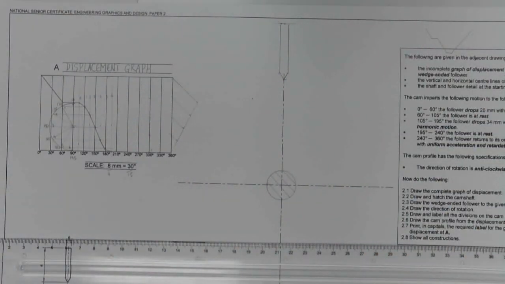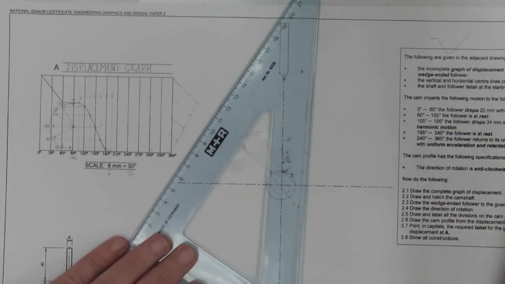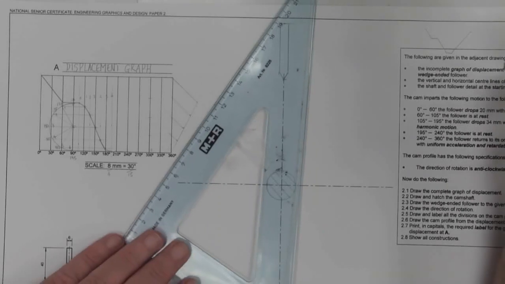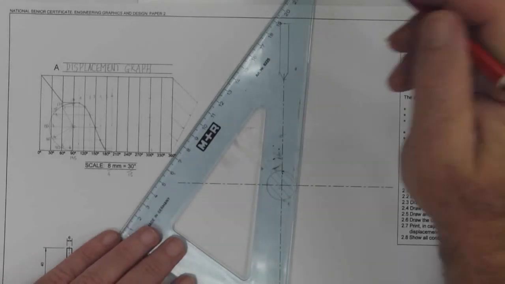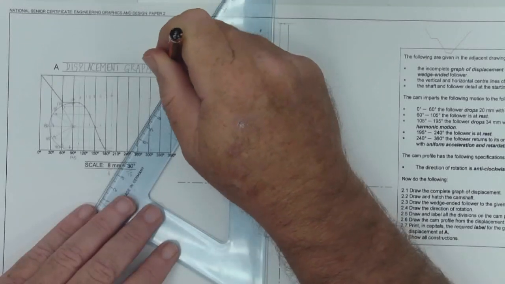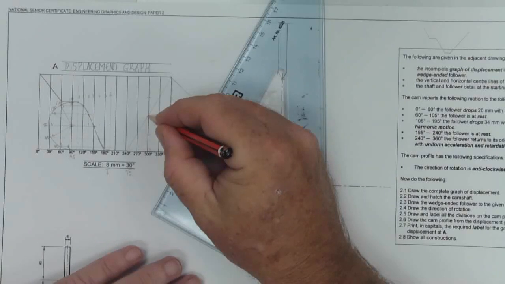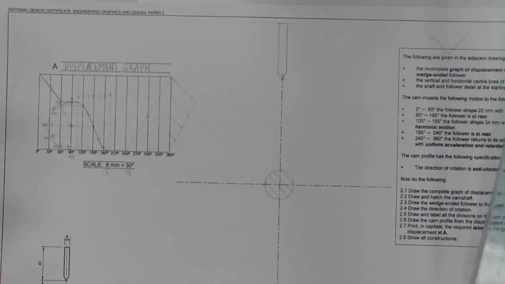Now a good test for accuracy is to draw in the diagonal from the start corner to the end corner. So we were going from 240 up to 360. And that's your center there.